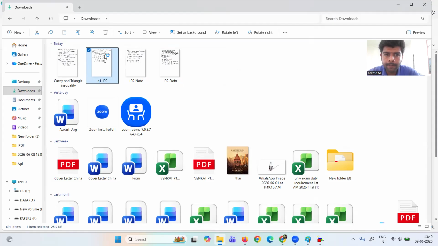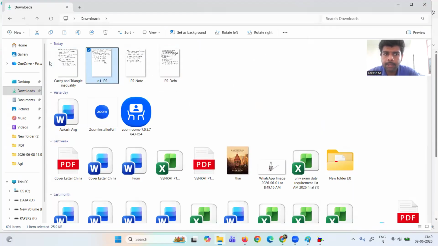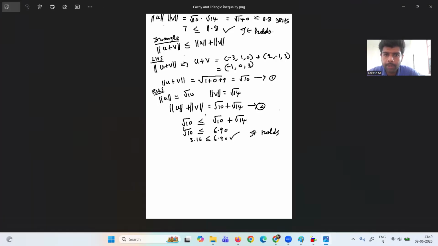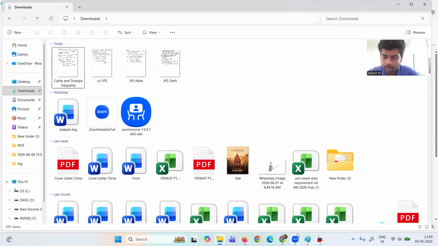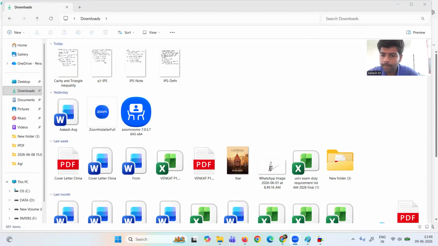Next, we have proved one simple sum. Next, we have proved the Cauchy-Schwarz and triangle inequalities. Okay, so now we can move to the next topic.